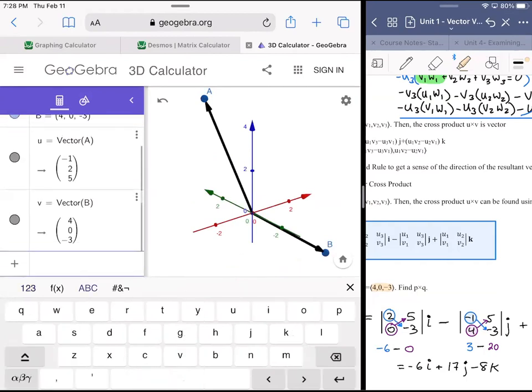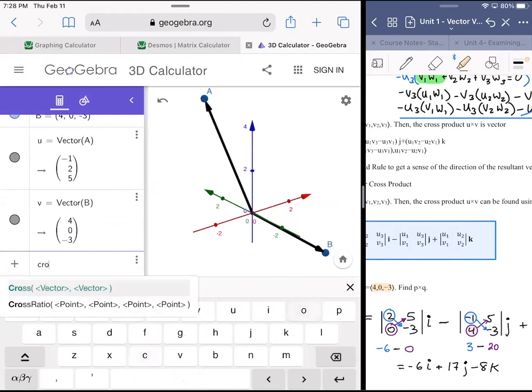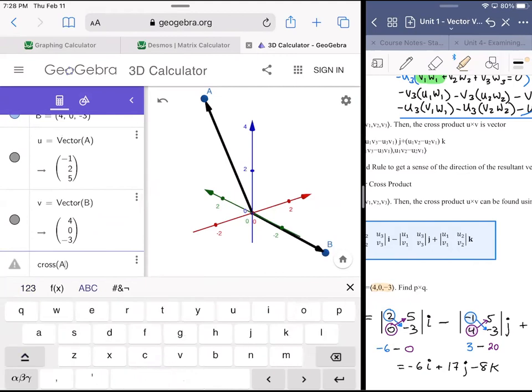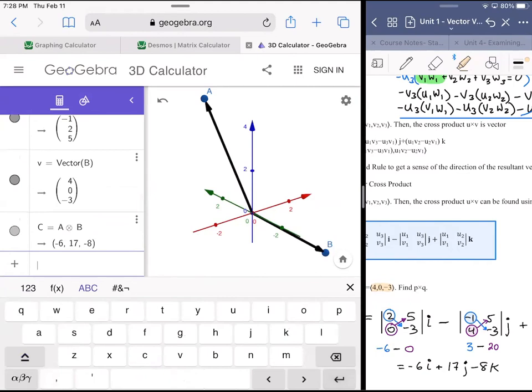But you can also have GeoGebra do it for you. Just by typing in the command cross. I said Desmos, I meant GeoGebra.